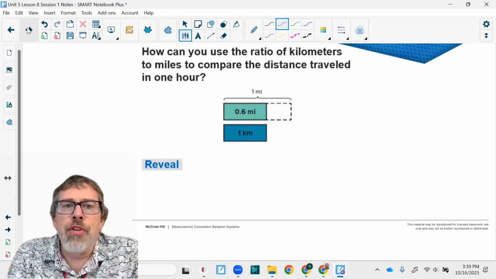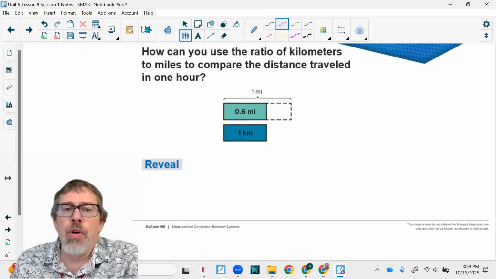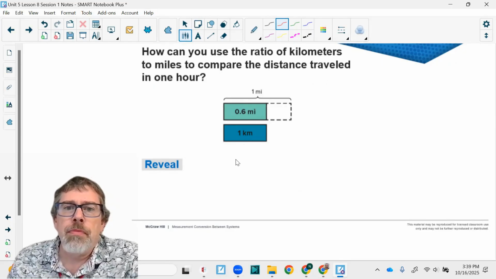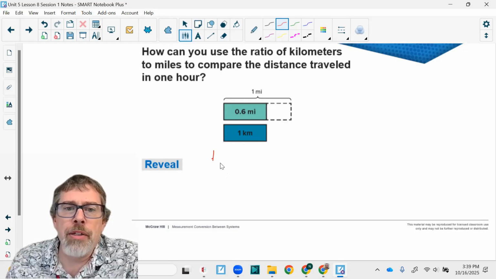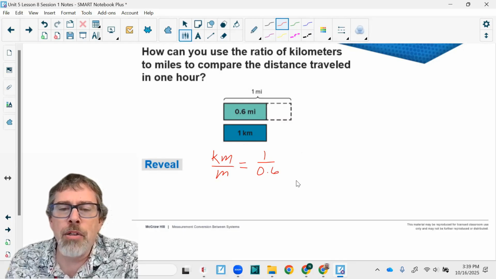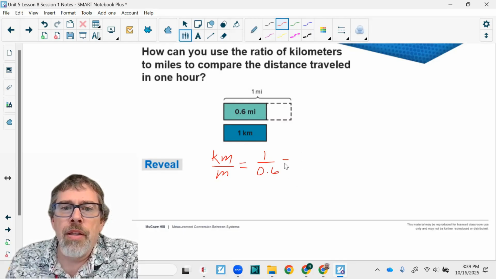So how can you use the ratio of kilometers to miles to compare the distance traveled in 1 hour? Okay, there are 2 ways we can do this. Kilometers to miles, in this order, equals 1 over 0.6. If we're going 100 miles per hour, then we want to compare that to 100, and we have to find out how many kilometers that is.